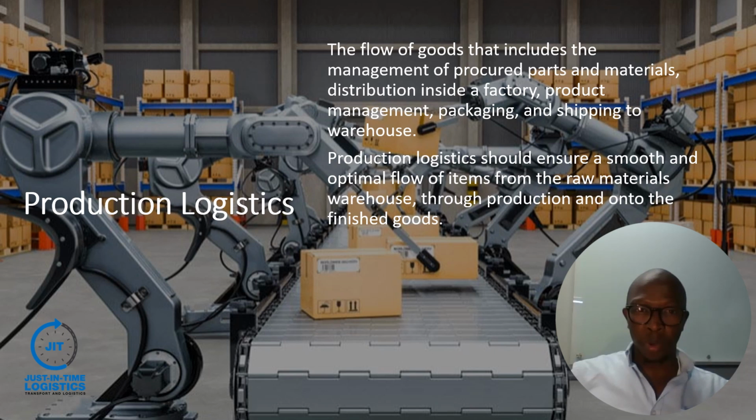Now the production logistics should also ensure the smooth and optimal flow of items from the raw material warehouse through the production onto the finished goods right until the end. That is very important to ensure that there's a smooth flow and not a lot of up and down.